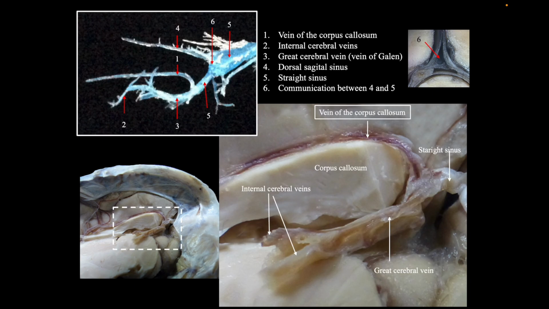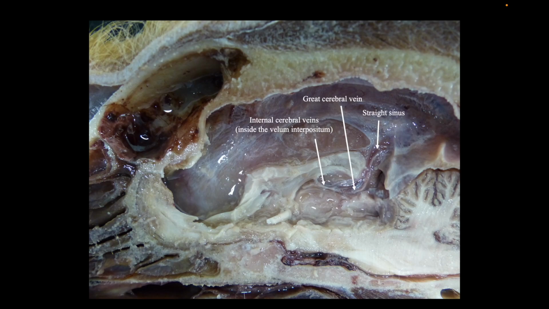If we move to the bottom images, we enlarge this and identify the internal cerebral veins that join in order to form the vein of Galen or great cerebral vein, which is located on top of the tectum of the mesencephalon. So you see here the internal cerebral veins join to form the great cerebral vein, and they continue as the straight sinus.